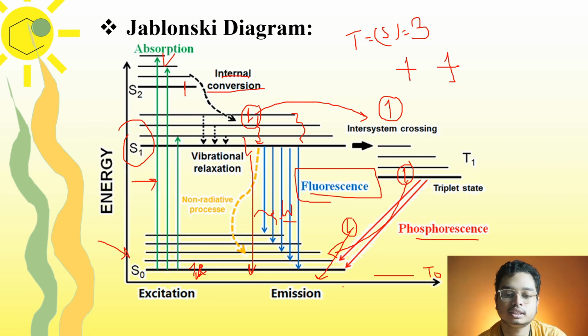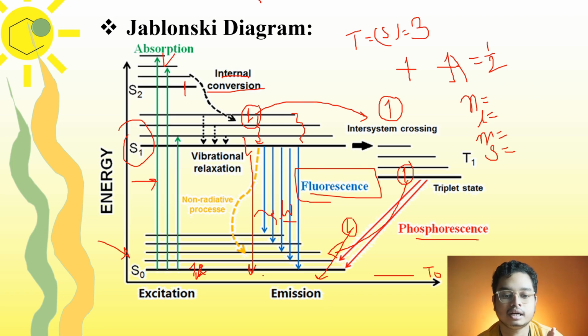Now if the ground state contains a T0 state, that means both of the electrons have plus half in their spin quantum number, and then all of the quantum numbers, that is n, l, m, s, where n is the principal quantum number, l is the azimuthal quantum number, m is the magnetic quantum number, and s is the spin quantum number, are the same for the two electrons.